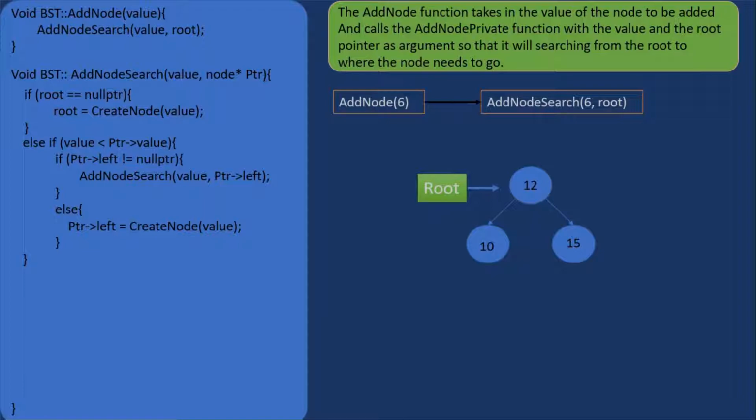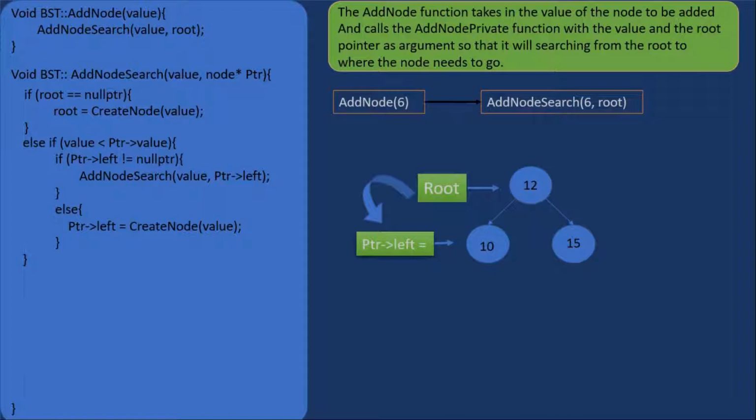So we recursively call the add node search function with the same add value, but with the left pointer as our second argument as we're moving down the tree.